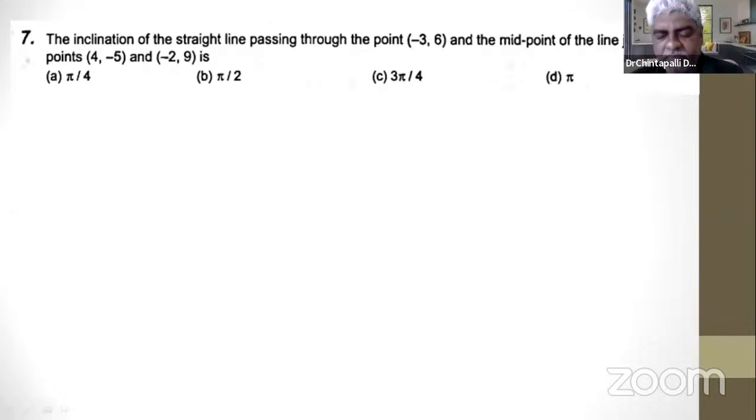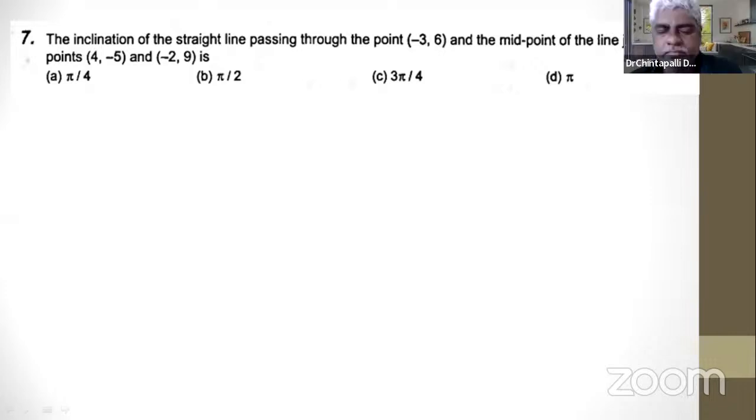But this time we are going to a deeper, higher level of those concepts. That's why I chose some questions from various books and also from SAT level books.